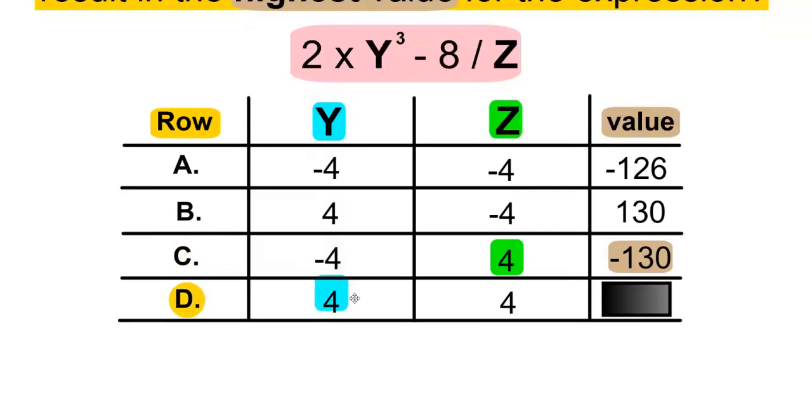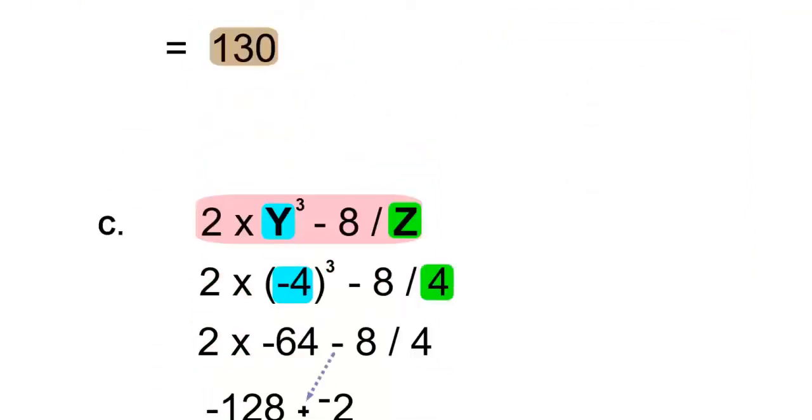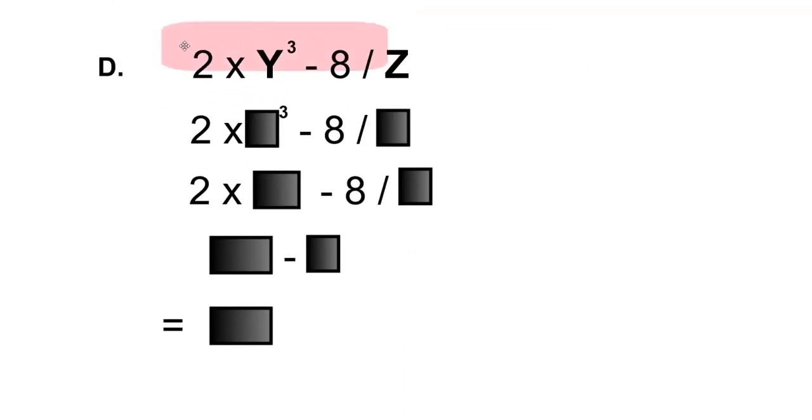And finally, we have row D. Y has a value of 4, and Z has a value of 4. Take the expression, replace y with 4, and z with 4.